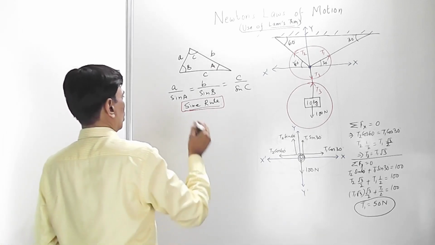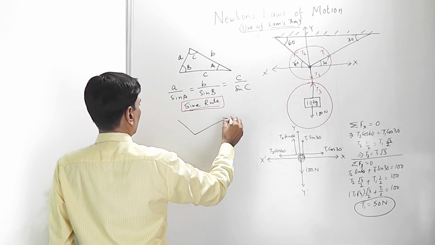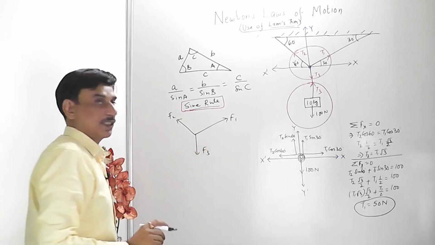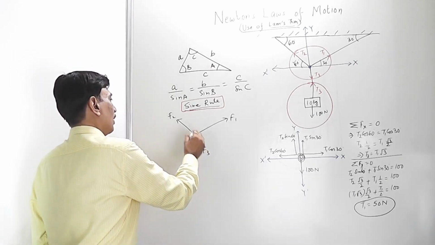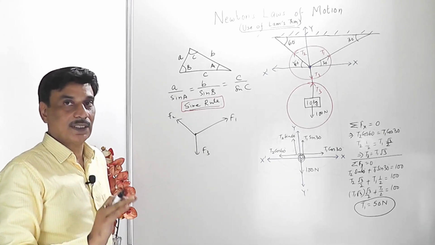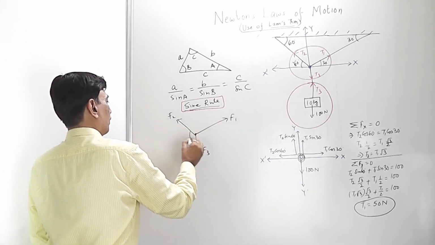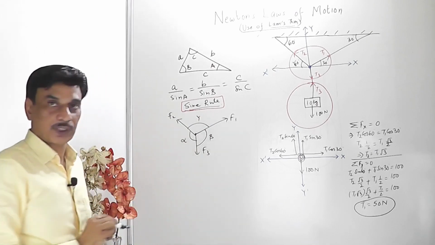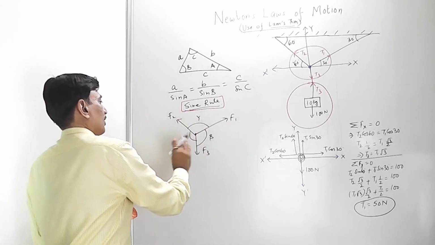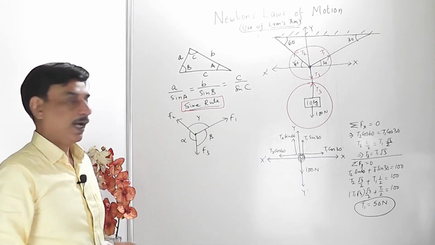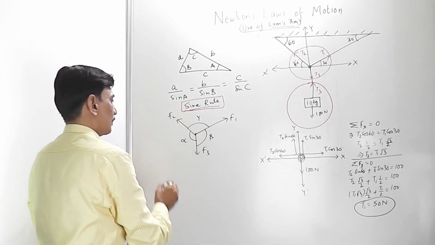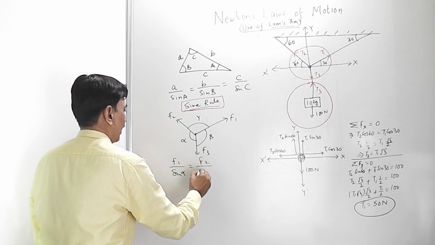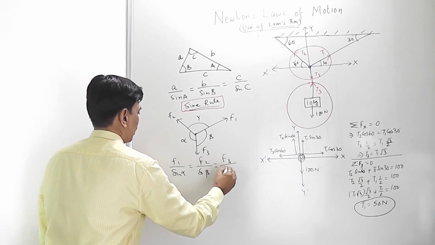Lami's theorem also says that if there are three concurrent forces F1, F2 and F3, in the same plane, being applied on one point and balancing each other, that is, this body is in equilibrium, with F1 opposite angle alpha, F2 opposite angle beta, F3 opposite angle gamma, then F1 by sine alpha is equal to F2 by sine beta is equal to F3 by sine gamma.